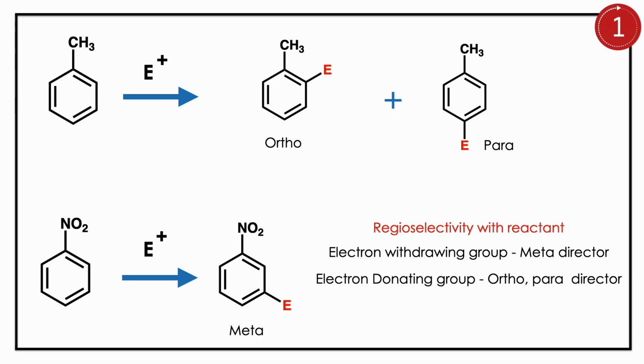On the contrary, nitro, electron withdrawing group, only meta is the electron denser position. So electrophile attacks meta. So regioselectivity achieved by the reactant here. If you are interested, study mechanism separately. So electron withdrawing group promotes the meta substitution. Electron donating group promotes the ortho and para substitution. So regioselectivity promoted by the reactant here.